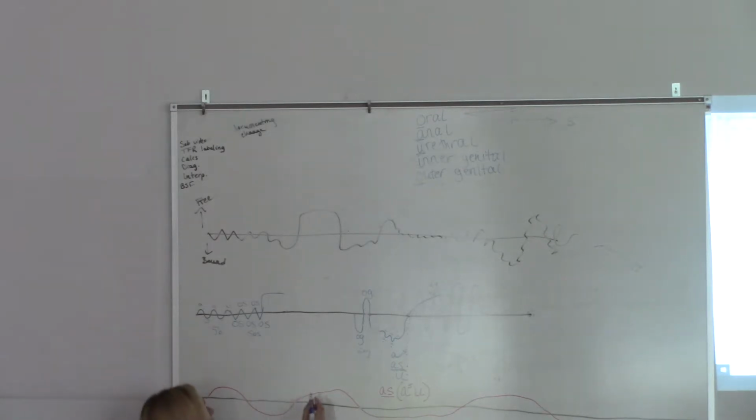So we know we've got the IG and the U. They're both indulgent. The U comes first in development. So this whole thing I'm going to call one U, UIG, and UE.